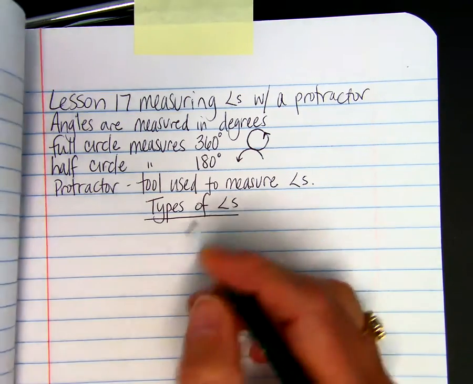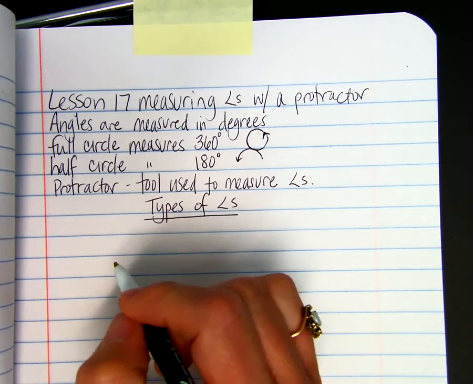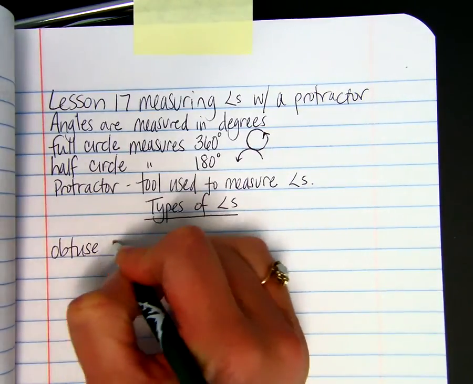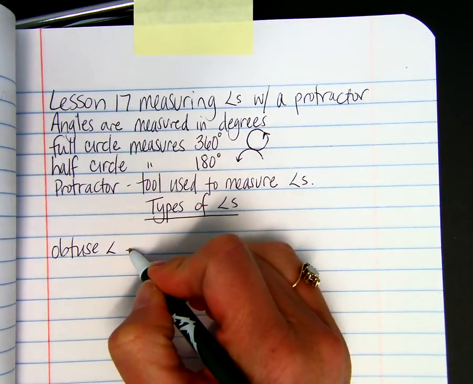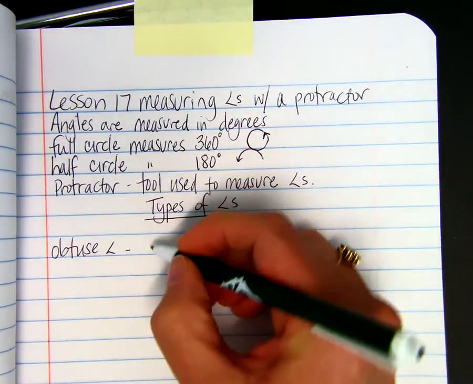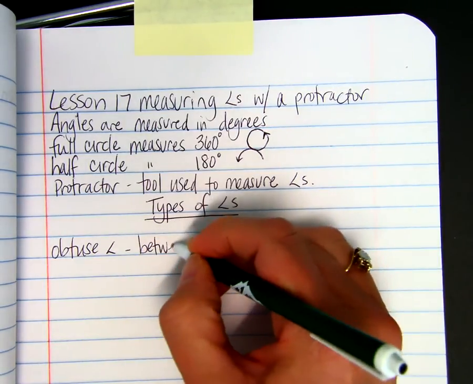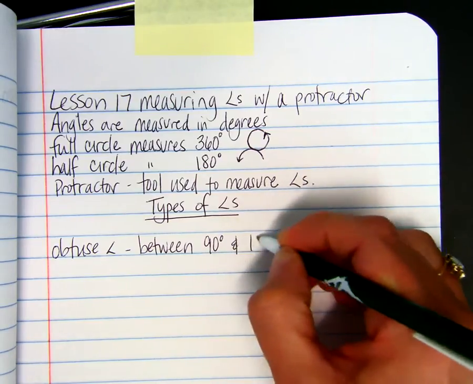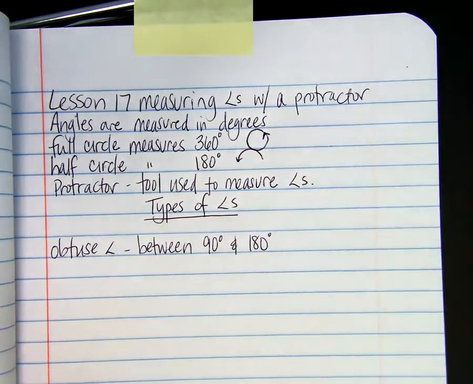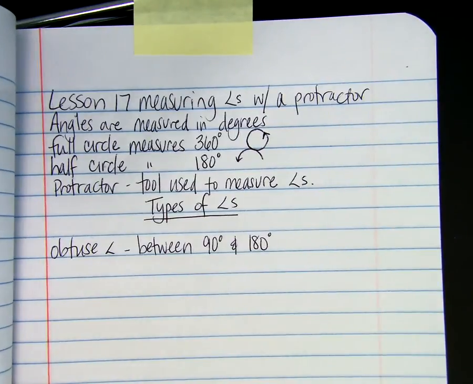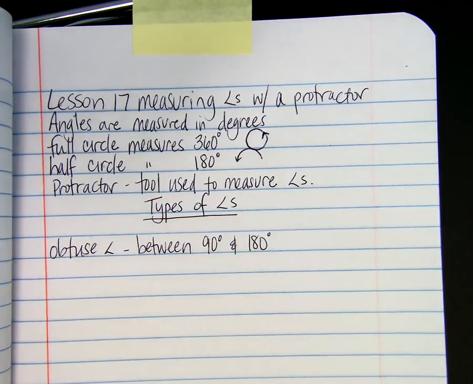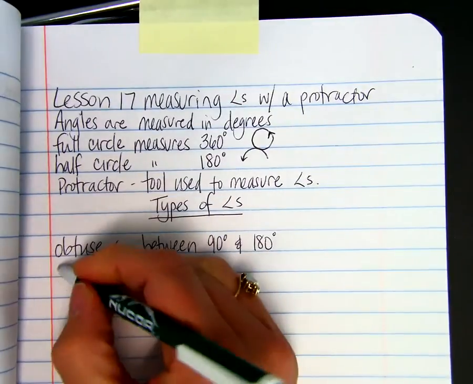The first one is an obtuse angle, and that has a measure between 90 degrees and 180 degrees. Between does not include the 90 and 180. It's just all the values that are greater than 90 and less than 180.